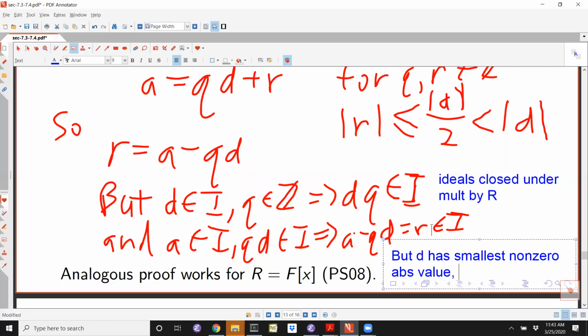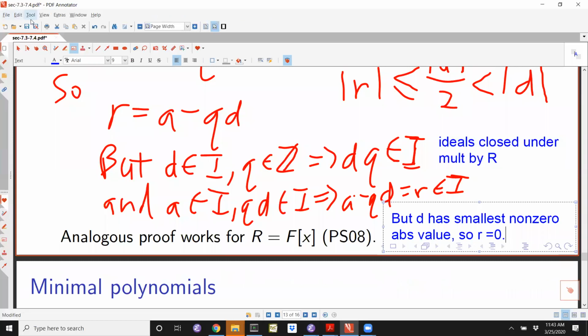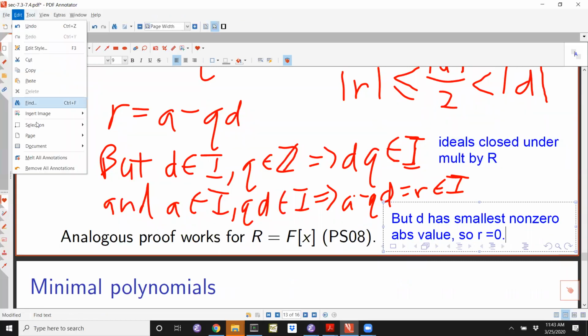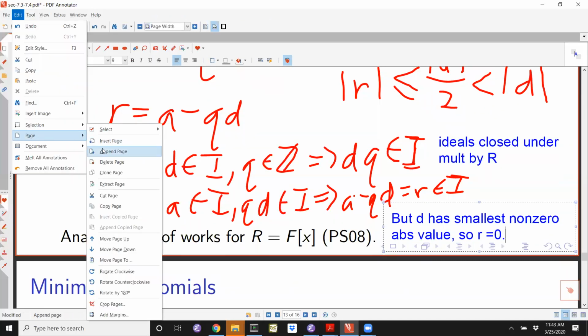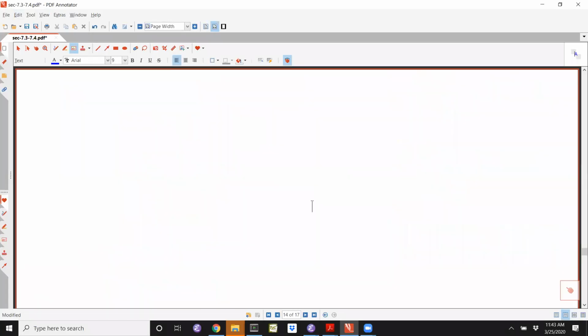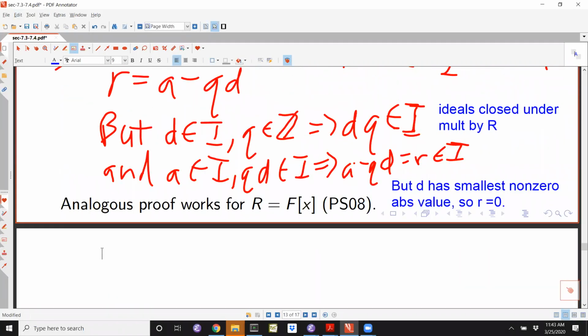So because d has the smallest possible non-zero absolute value from among all elements of capital I, and the absolute value of r is smaller, the only way that can happen is if r equals 0. I didn't quite finish this up on the page here, but that's okay. That worked. I was hoping that worked.